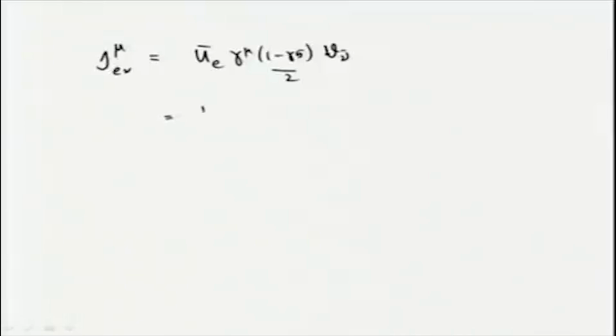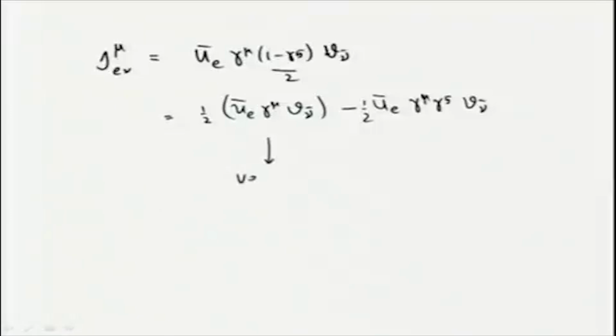This can be written as 1/2 u_e bar gamma mu v_nu bar minus 1/2 u_e bar gamma mu gamma 5 v_nu bar. The first one is a vector current, the second one is an axial vector current.